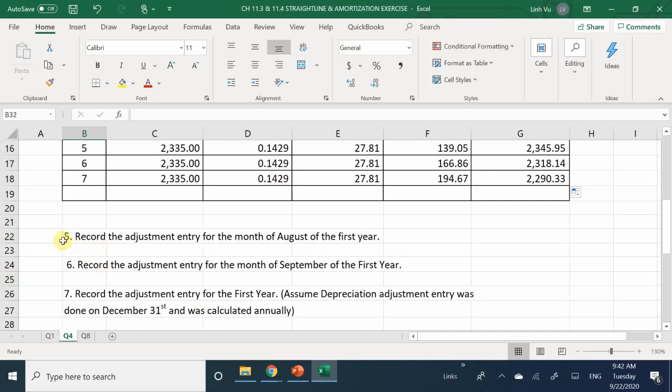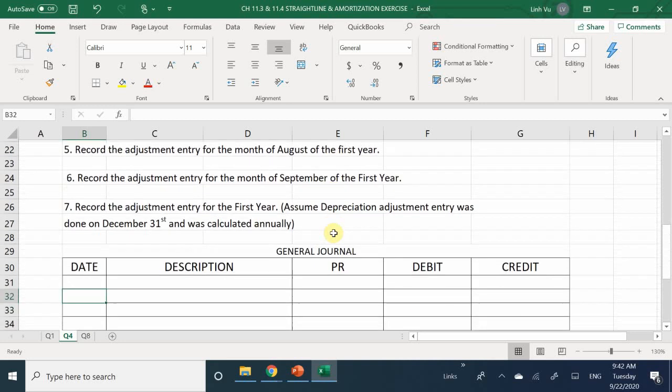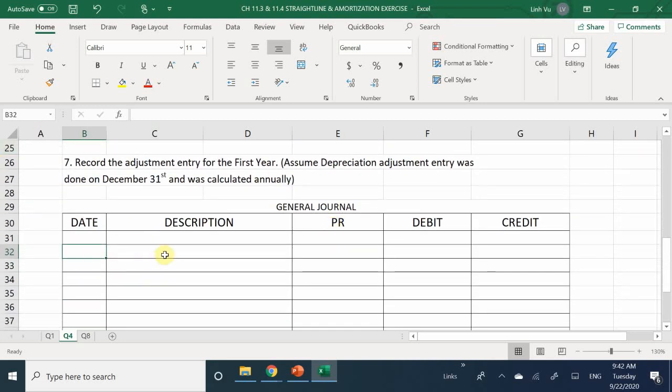This question asks me to do the adjustment entry for the month of August. And because of the rule where you place it into service on August 25th, we don't need to depreciate for that month because it's beyond the half of the month portion, right? There's no purpose to depreciate only 5 days out of the month. Okay, so in this case, no entry is needed for August.